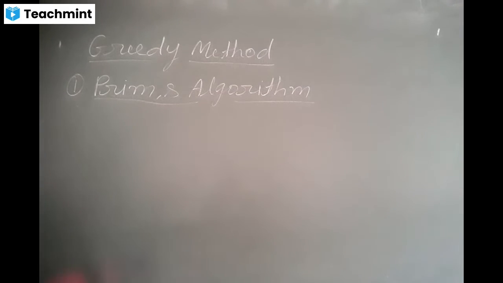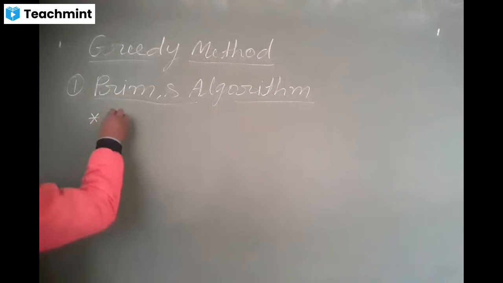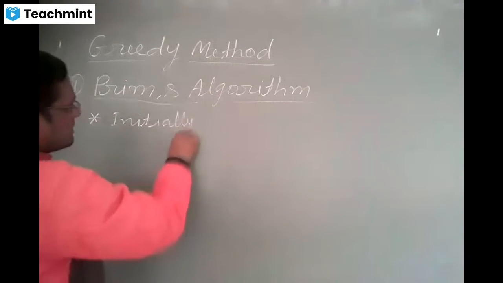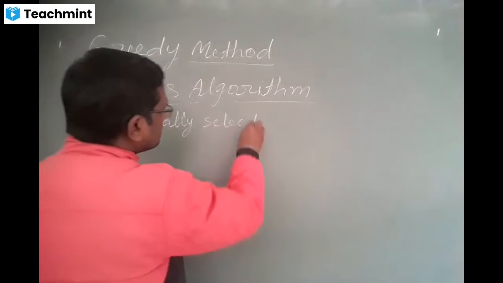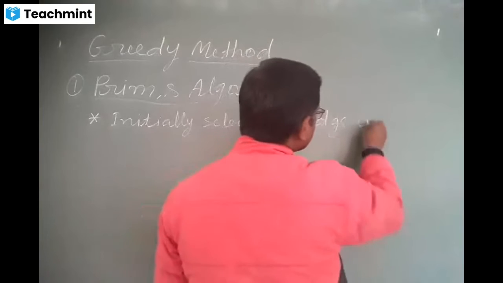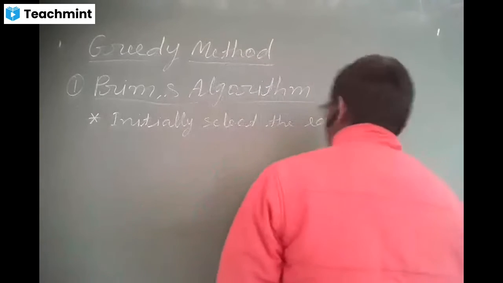When we use Prim's method, in the first step, we initially select the edge from the graph which has minimum cost or weight.